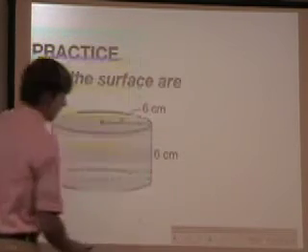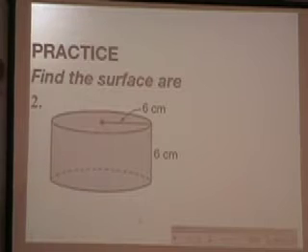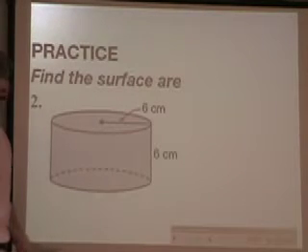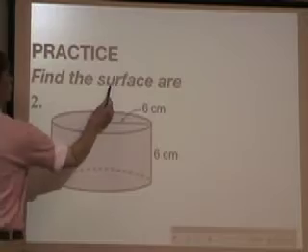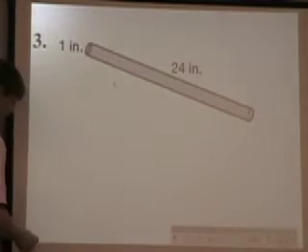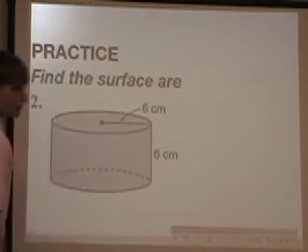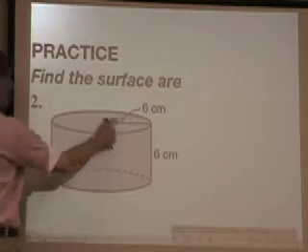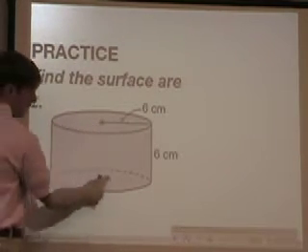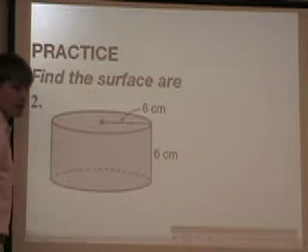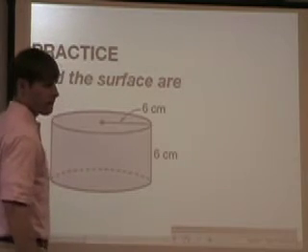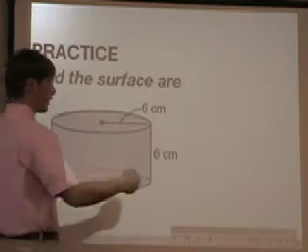Now, here's another cylinder that we want to find the surface area of. The surface area, not the area, the surface area. So first we want to find the surface area of this top circle and this bottom circle. What formula do we use? Pi times r squared.